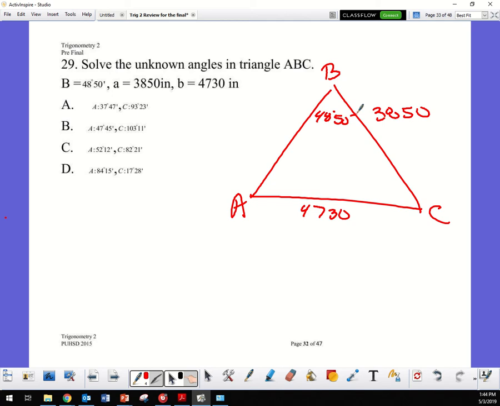Given all this information, what do I have to solve for first? Big A. What law is that going to use?